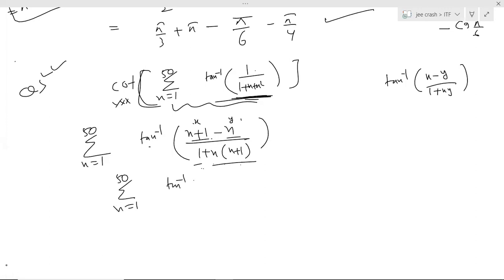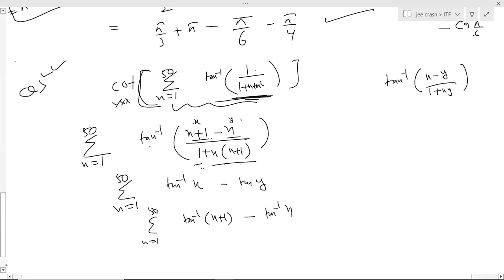So this is tan inverse x minus tan inverse y. So tan inverse n plus 1 minus tan inverse n. Everyone is clear till now? Yes, sir.